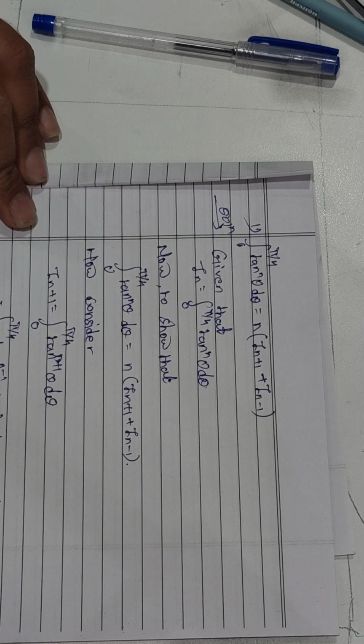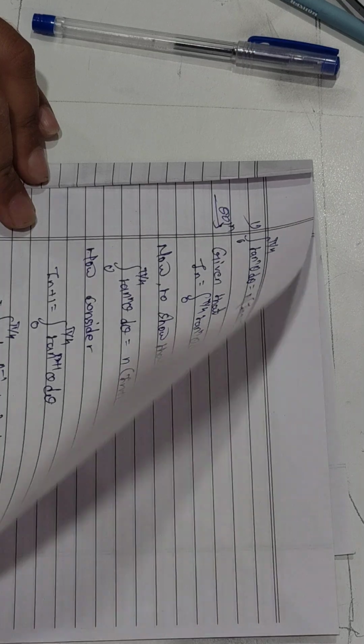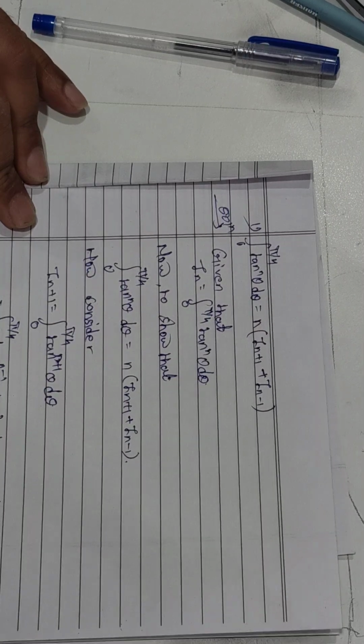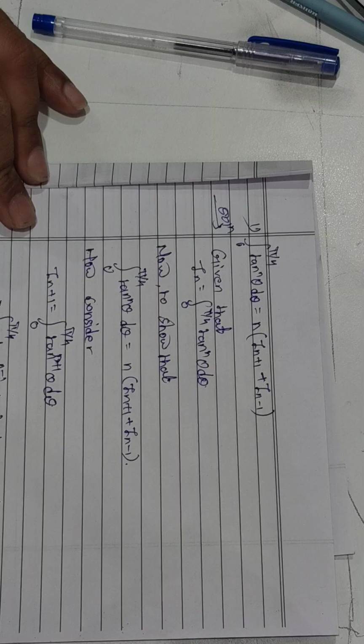Clear? Also, now we know that tan square theta equal to sec square theta minus 1, by using 1 plus tan square theta equal to sec square theta.